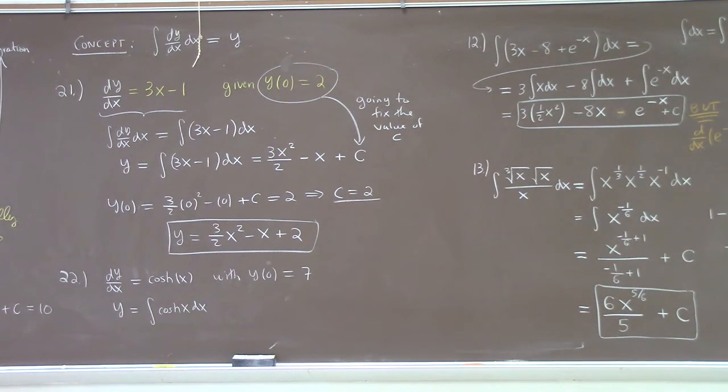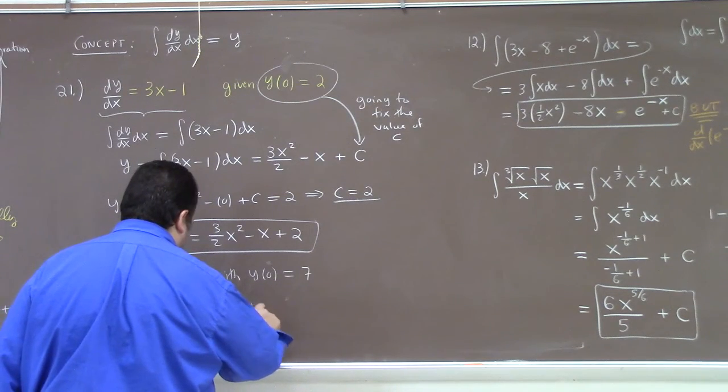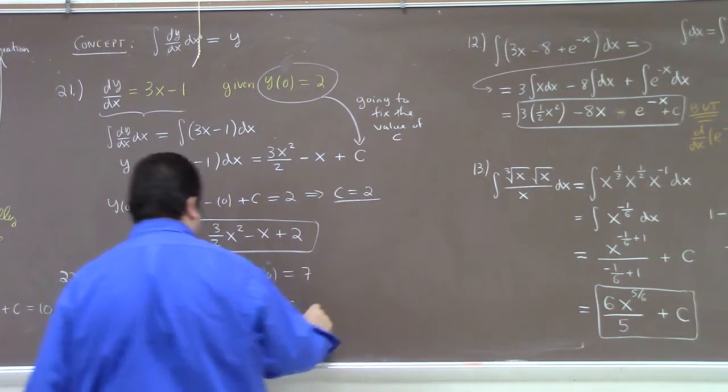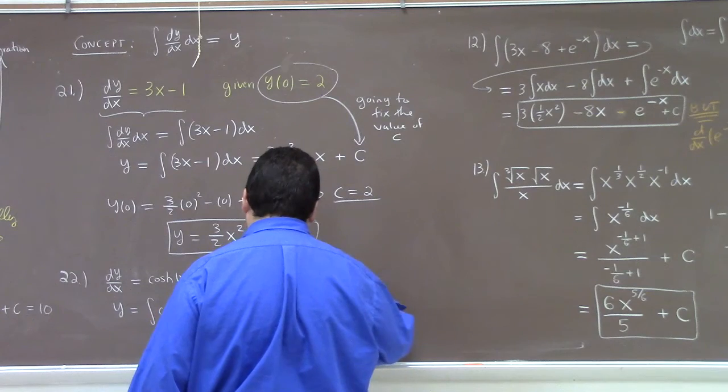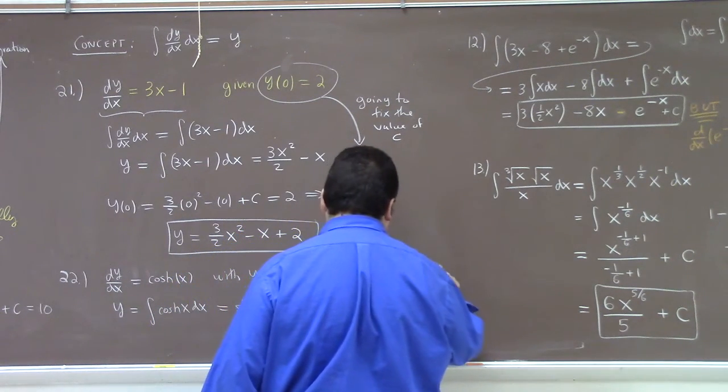That's the key idea. We integrate the derivative to get back the function. The derivative is cosh, so we can integrate cosh, right? Integral of cosh is sinh plus a constant. So then we have y of 0 is sinh of 0 plus a constant.